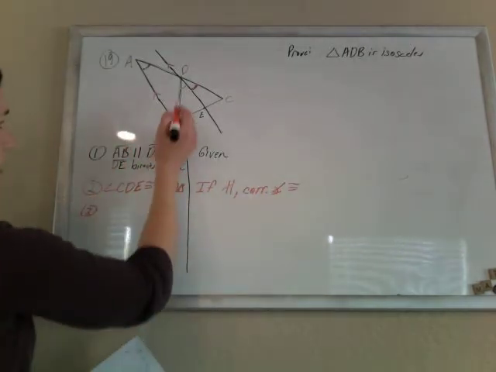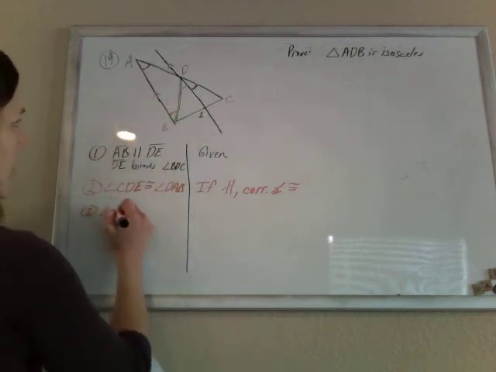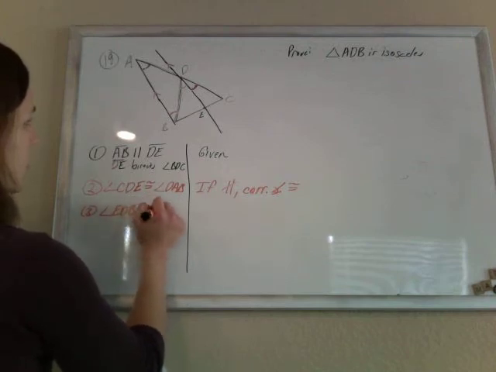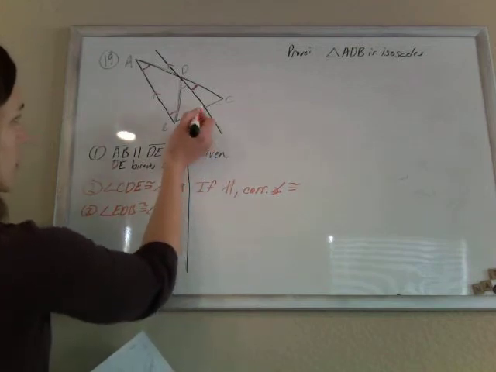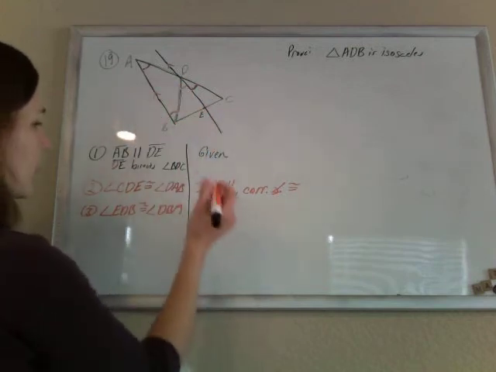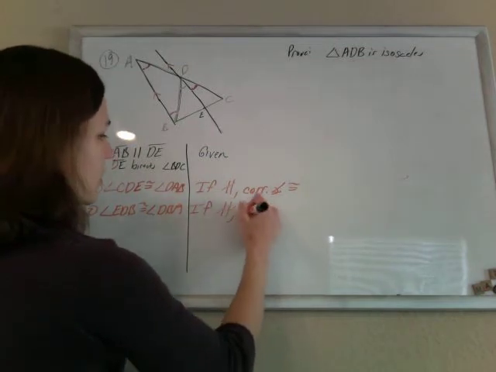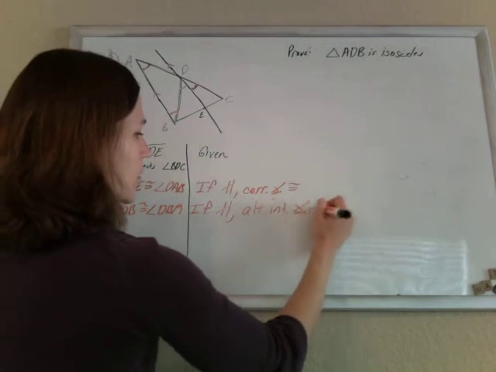And then same idea for these alternate interior angles here. So angle EDB is congruent to angle DBA. So EDB and DBA, it's like alphabet soup, I know. So if parallel lines are cut by a transversal, alternate interior angles are congruent.